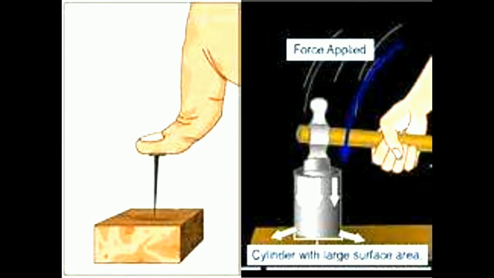So when we apply force over it, it pushes into the wooden block very easily. But this cylinder has a larger surface area. So when we apply force on it, it does not push into the wooden block because its pressure is less.